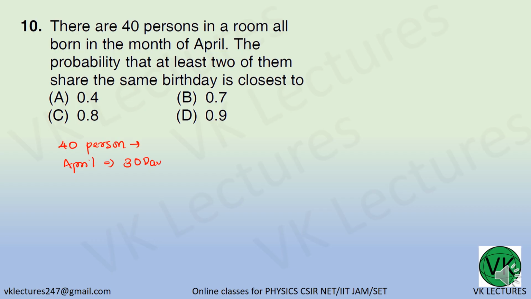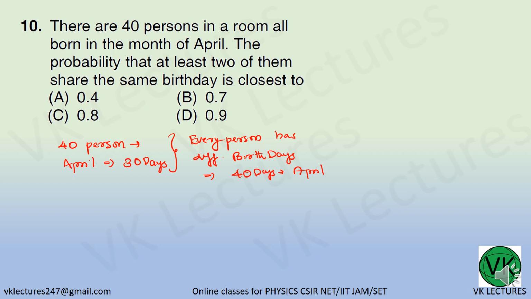Now suppose every person has a different birthday, then there must be 40 days in the month of April, but we do not have that number of days in that month.